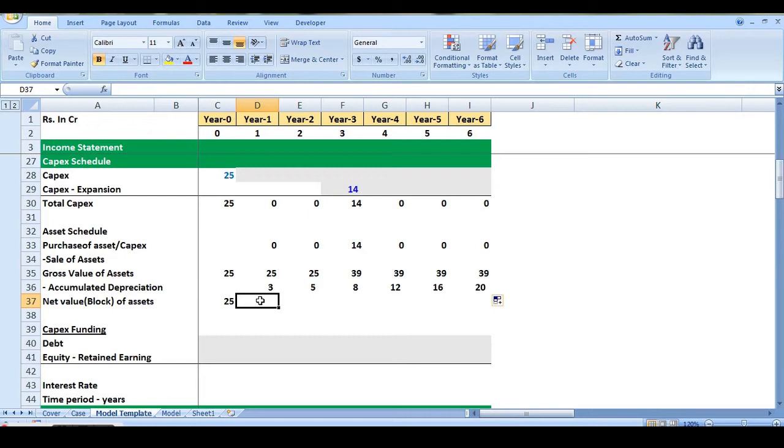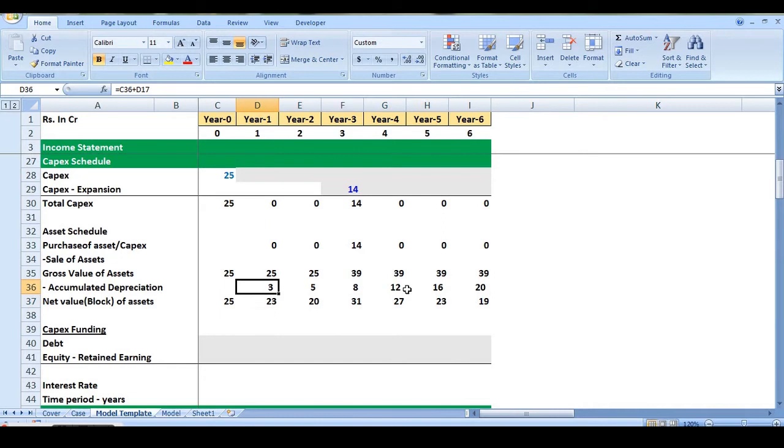From this, if I have to calculate the net value of assets, net value of assets is equal to gross value of assets, or gross block of assets as it is called in the final accounts of companies, minus the accumulated depreciation for all the years. When I copy this formula, it gives me the value of net block of assets, which we will be using in the balance sheet.